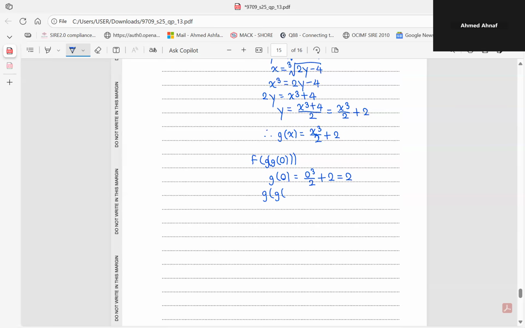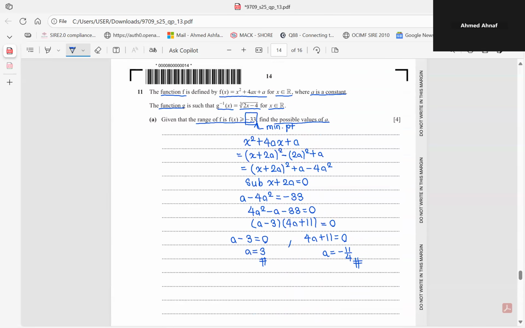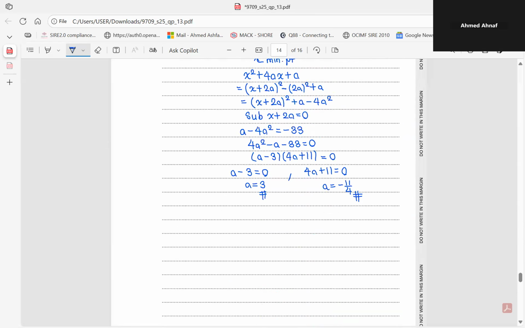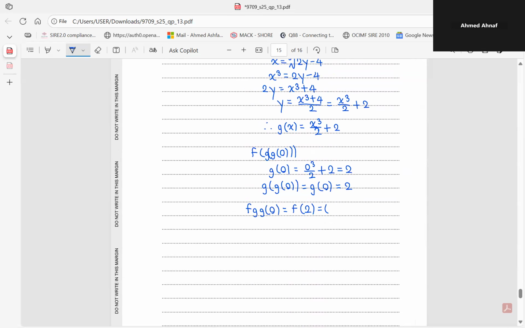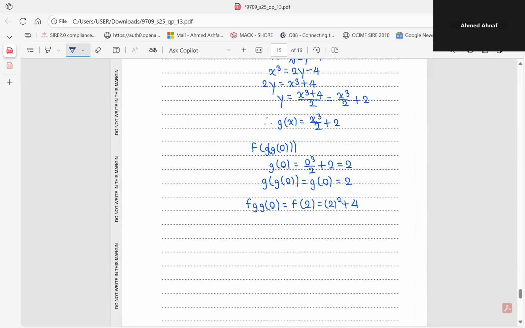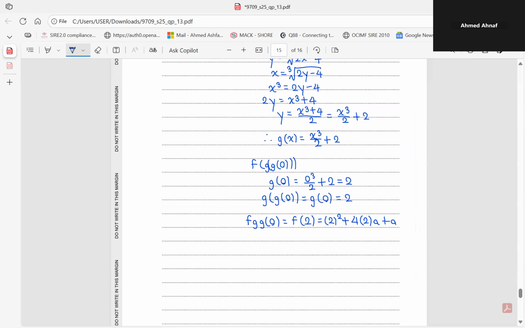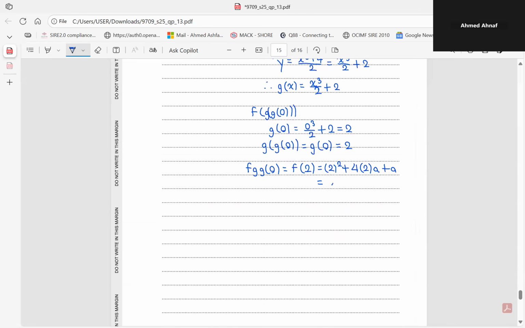And then g of g(0), that's g(2). And fgg(0), we can just use our formula for f, which is x squared, 2 squared plus 4ax, 4 times 2a, plus a. Yeah, this is equal to a plus 4 plus 8a, which is equals to 9a plus 4.